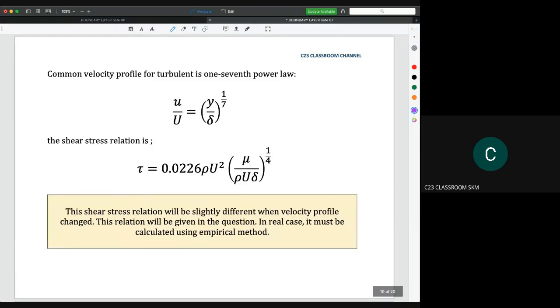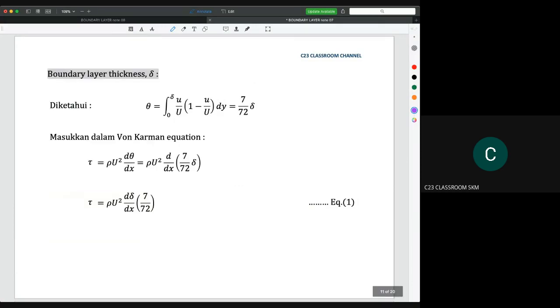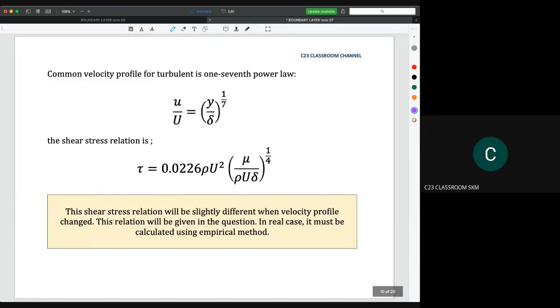Okay, so how to solve this problem? We see the question here. We know that the velocity profile for turbulent is given like this one. So you have the velocity profile, and then we need to solve by using von Karman equation. Then we need to equalize with the value of shear stress that is given in the question.